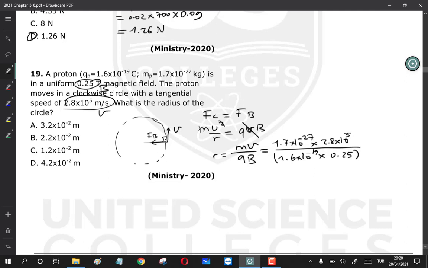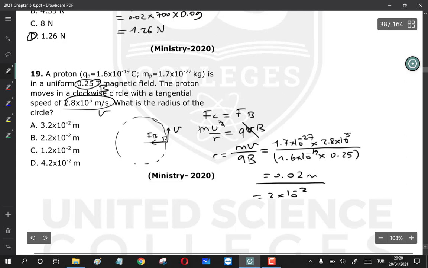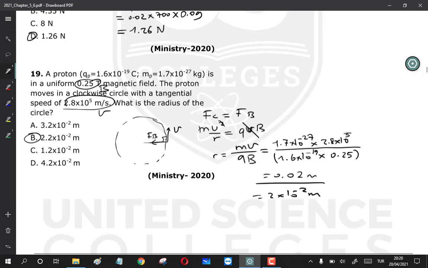Result is 0.02 meters, 2.2 times 10 to the power of negative 2 meters. So B is the closest answer in here. So B is the correct answer.